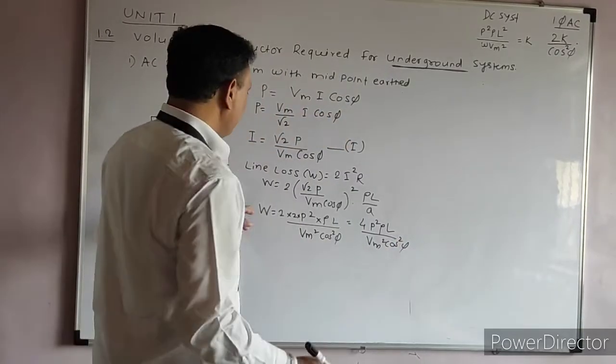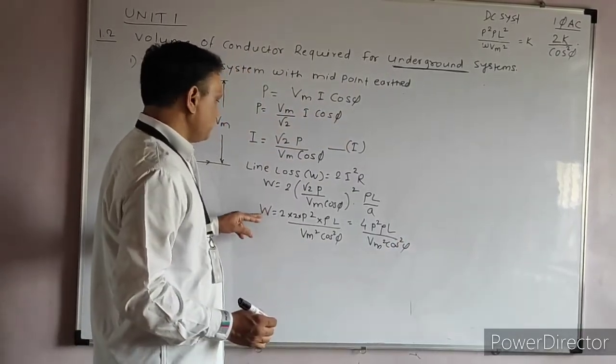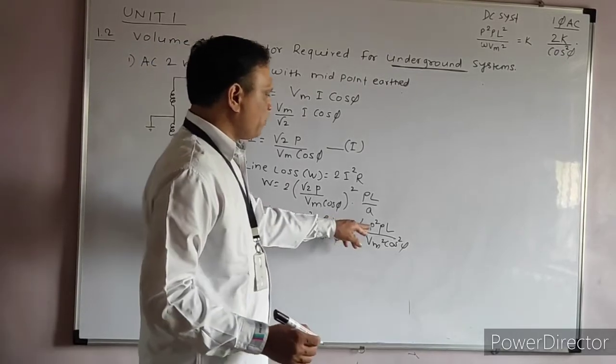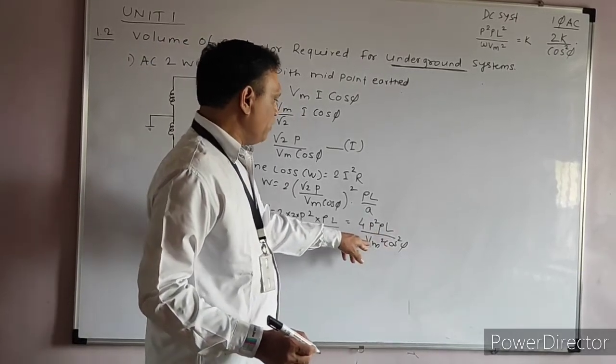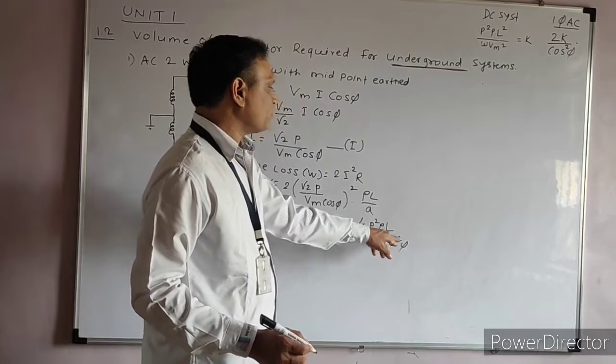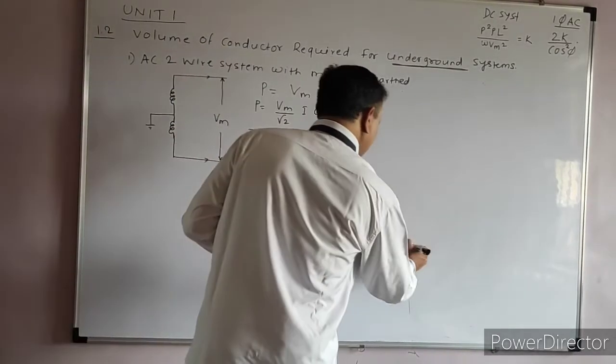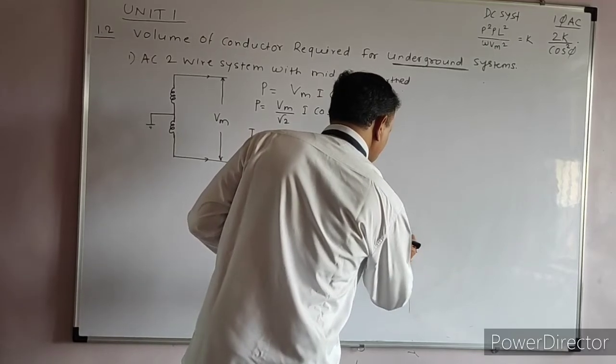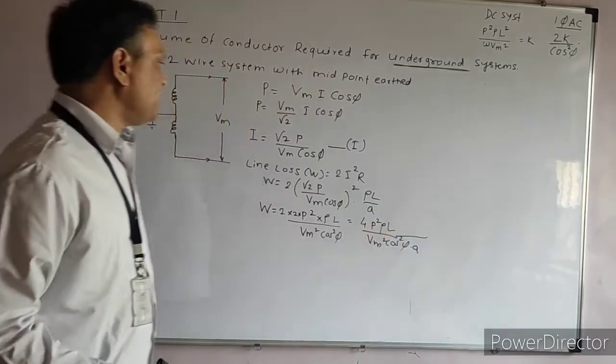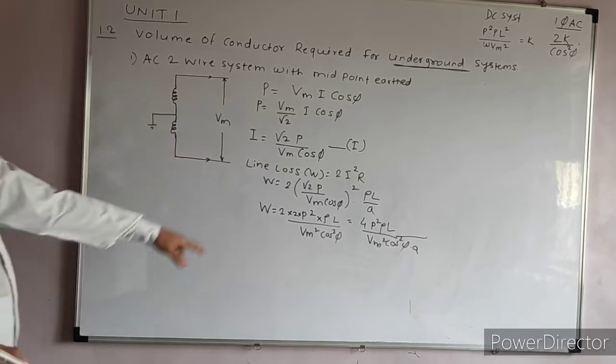And what is our next step? Our next step is, as W is equal to 4 P² ρL upon Vm² cos² φ, upon A will be the factor. So my next step will be to calculate the area.